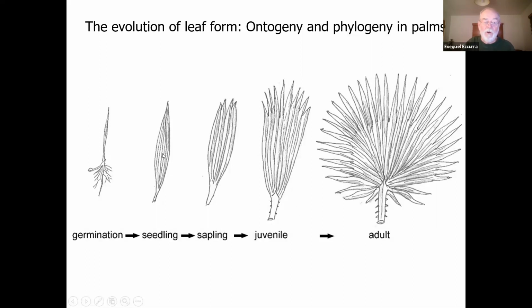Then as the leaves grow, they start becoming more and more pleated and somewhat wider until they start separating on top into these dented apices. And then, of course, they start separating more and more and opening radially until they form the adult leaf of the palm.